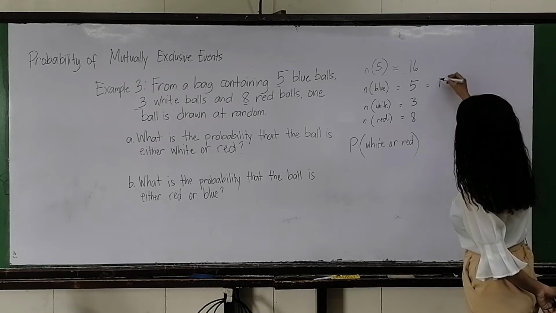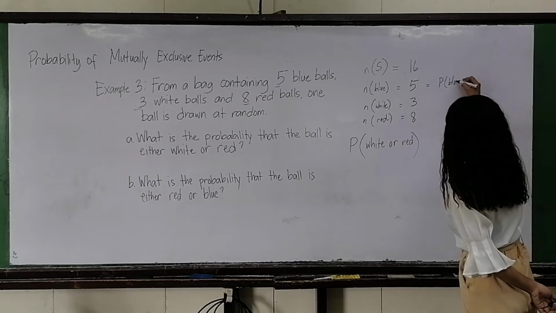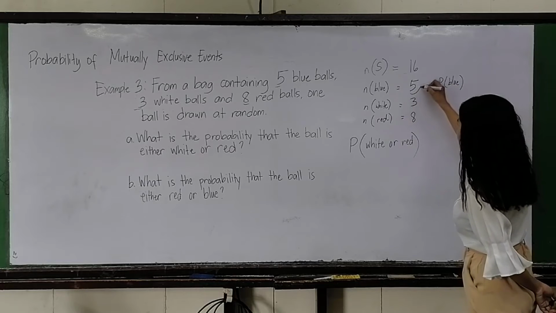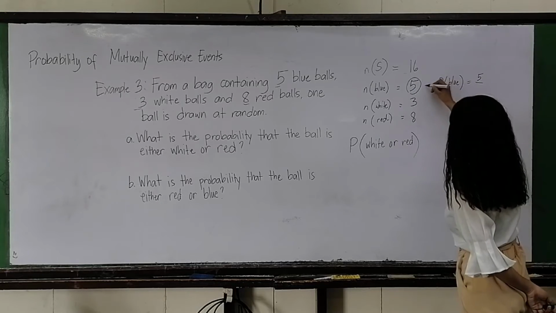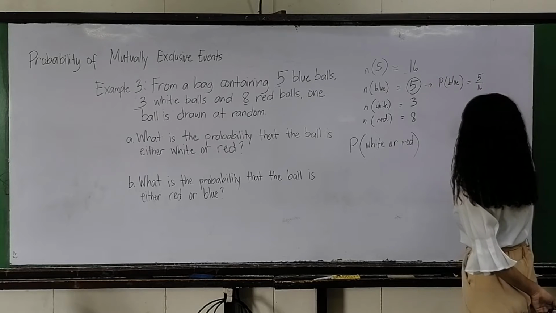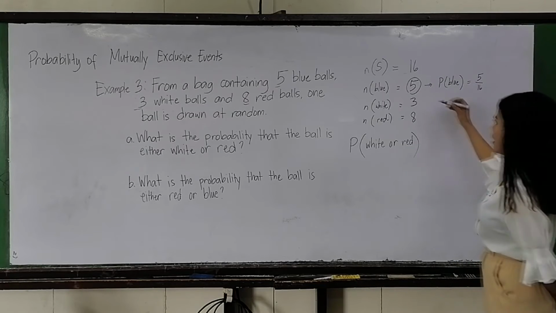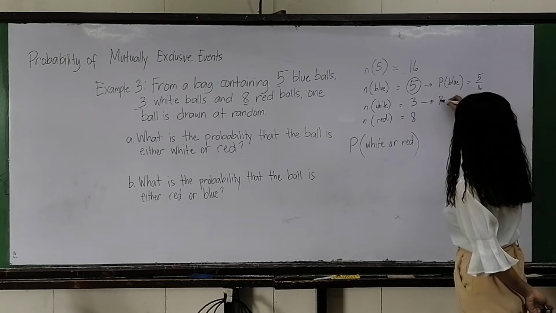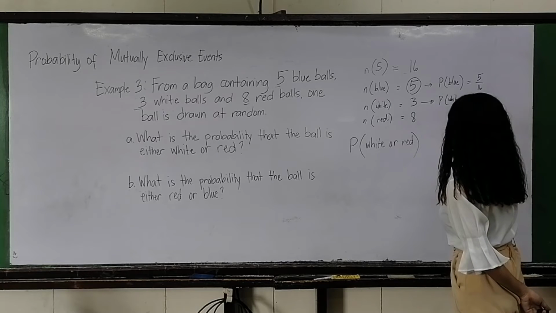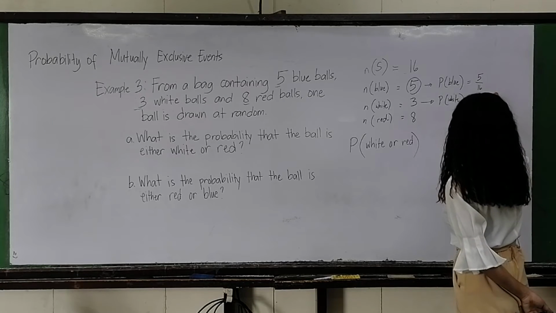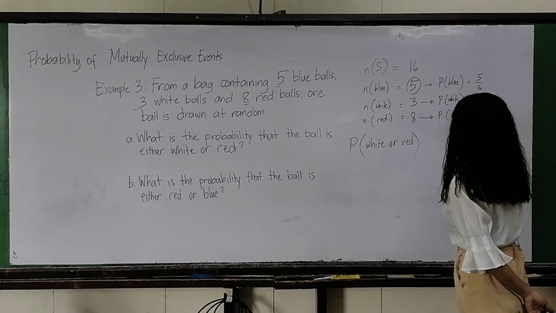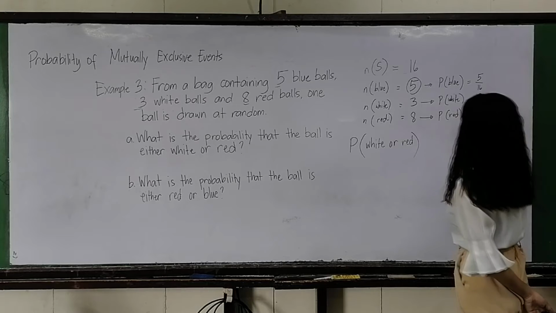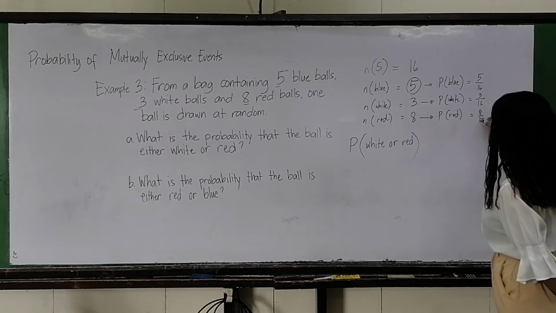Remember that P of blue is 5 over 16. And then P of white is 3 over 16. And P of red is 8 over 16.